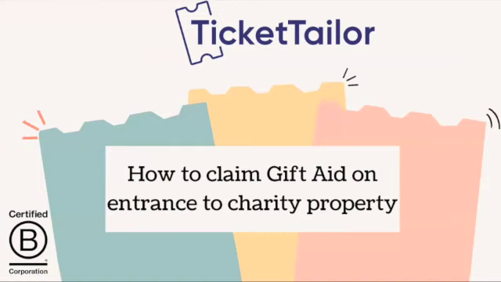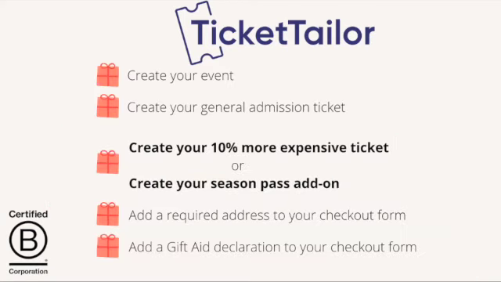For claiming on charity property, it's a really similar process on Ticket Tailor, but obviously the gift aid donations are slightly different. If you've got charity property, you can claim on the entrance fee if it's 10% more than your general admission, or if you upgrade to a season pass. So you'll create your Ticket Tailor event and create a general admission ticket.